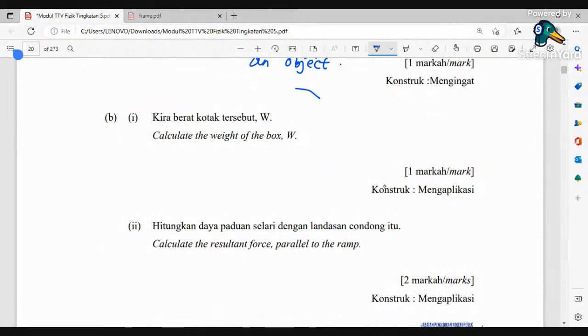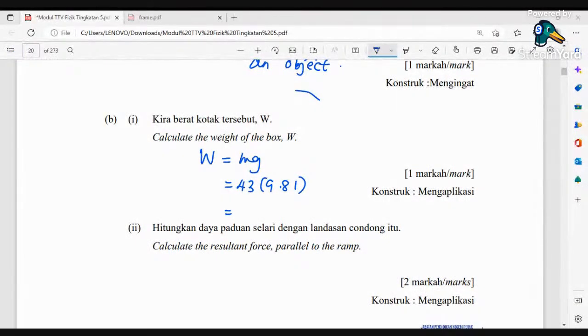So weight equals mg, thus 43 times 9.81, which is 421.83.